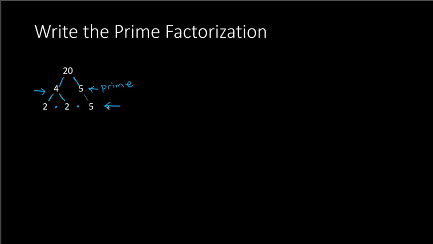The 2 cannot break down any further, the 5 cannot break down any further. So what we've done is we've broken down 20 as a product of 2 times 2 times 5. This answer right here of 2 times 2 times 5 is the prime factorization of the number 20. We've broken it down as a product of prime numbers, and that was our objective.